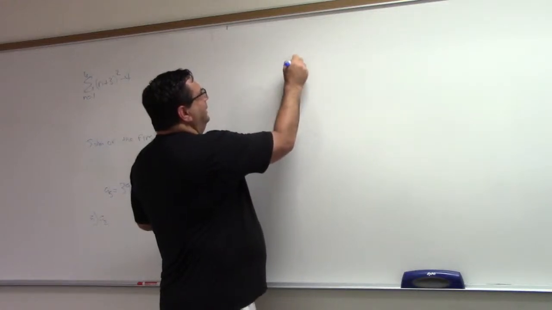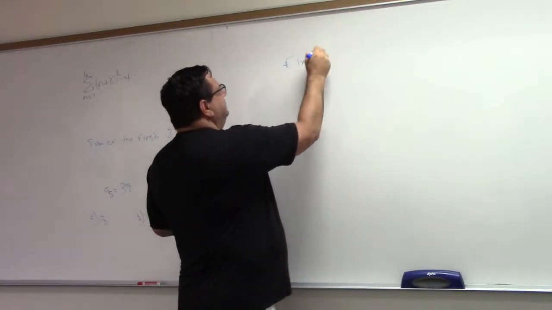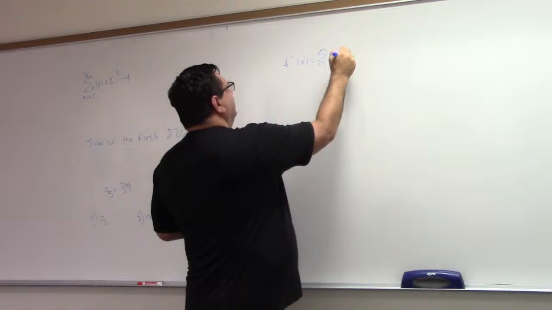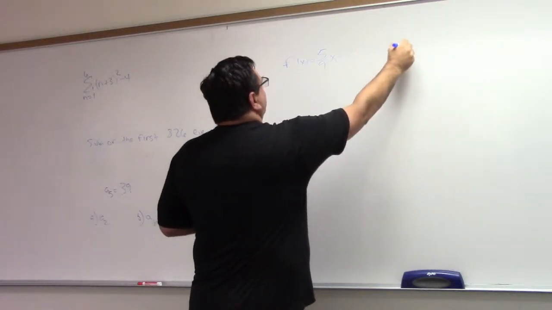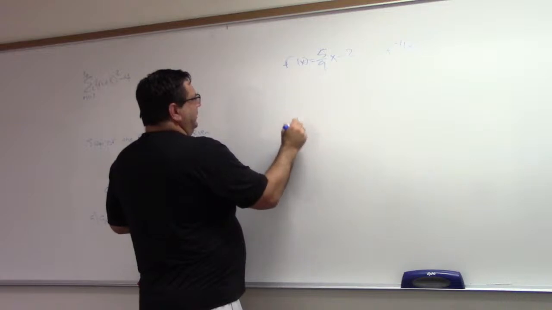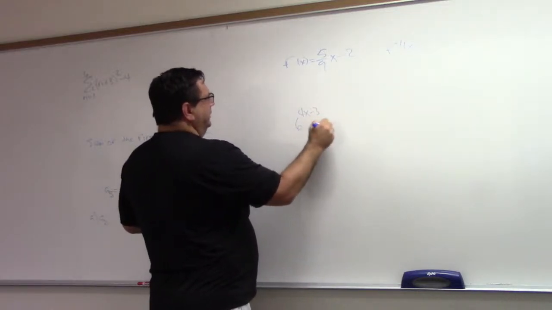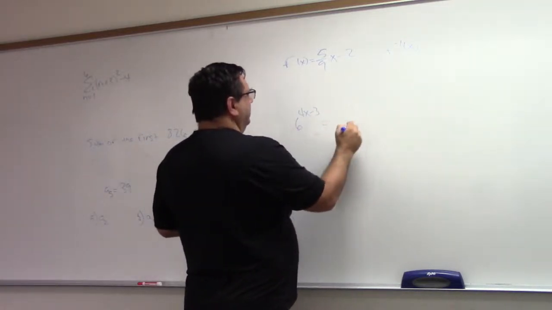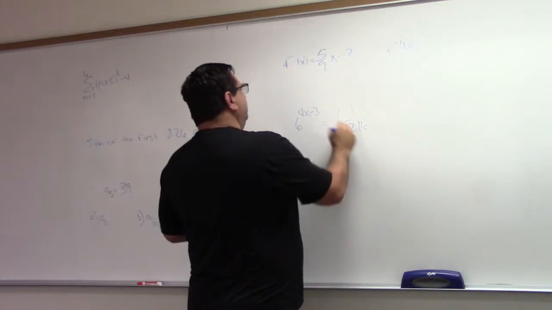So let's go: f of x equals 5/9 x minus 2. We'll find f inverse. Let's go 6 to the 4x minus 3 equals 1 over 216 to the x.